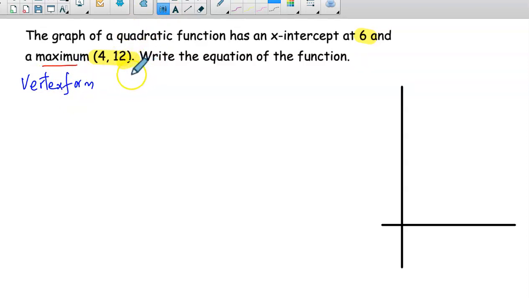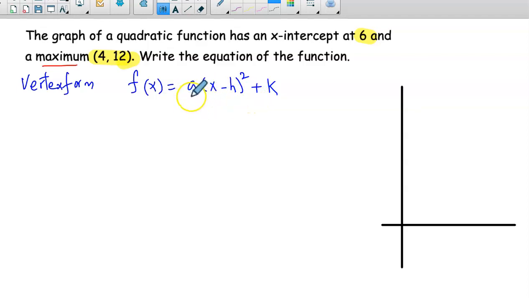The vertex form of a quadratic function is f(x) = a(x - h)^2 + k. And this a is the leading coefficient. A is the value at the beginning in the ax^2 + bx + c form.